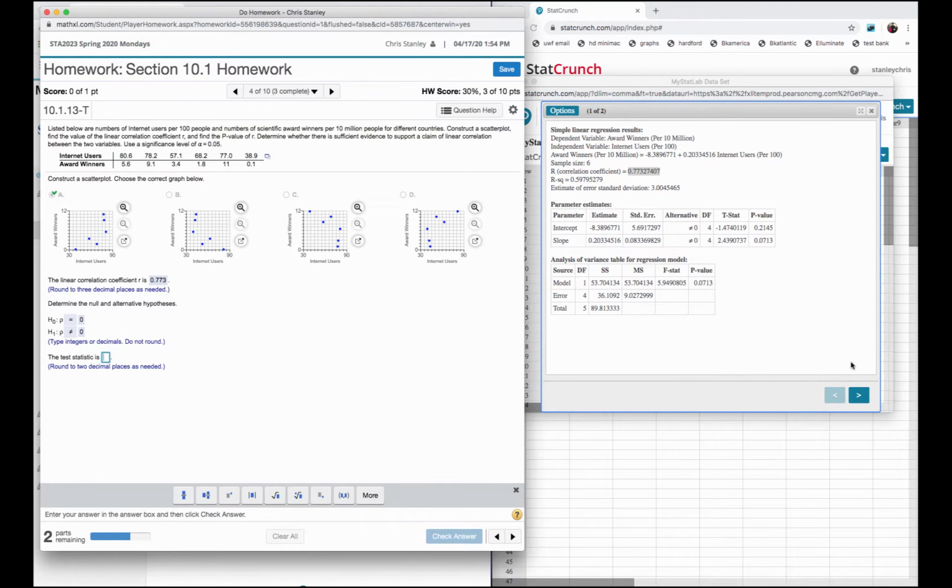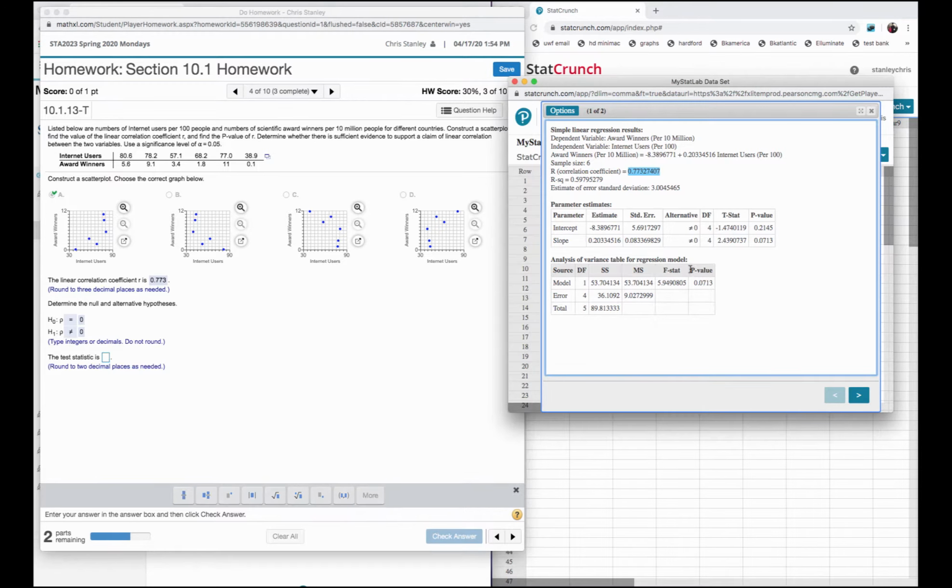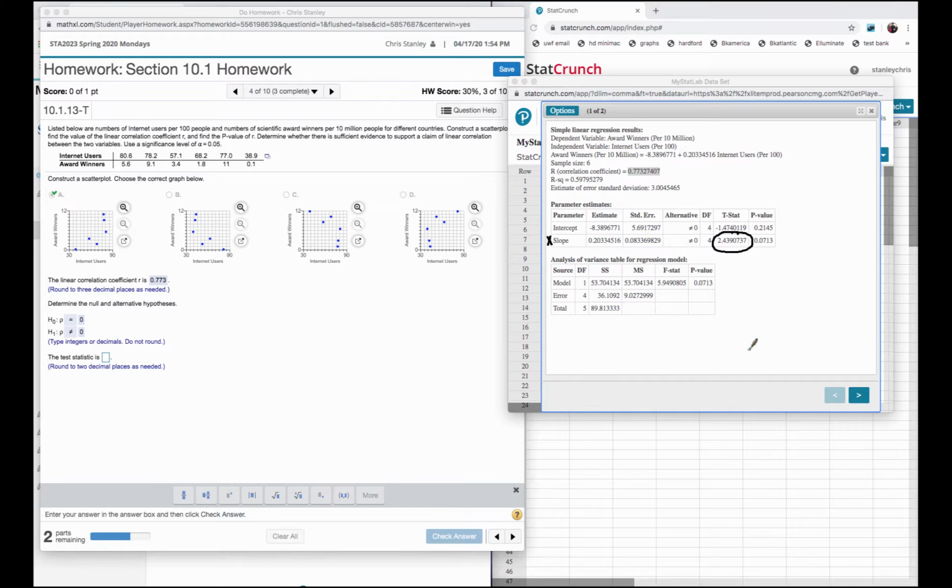Okay, the test statistic is going to be this right here. To get your test statistic, you always go to the slope row. Okay, so I'll go ahead and cut that.